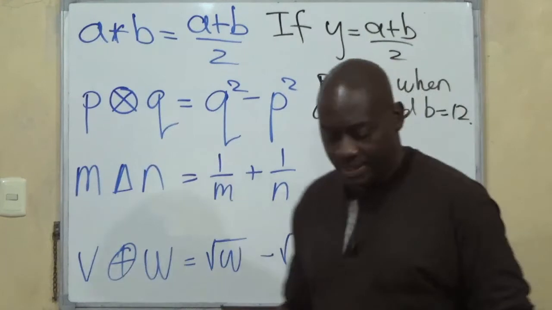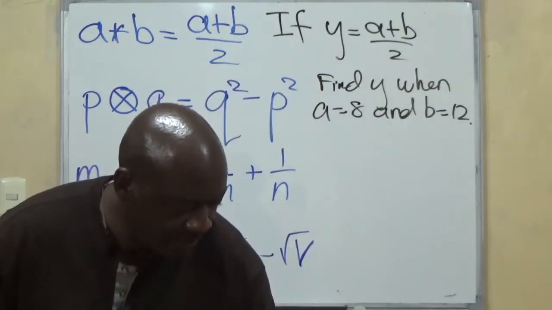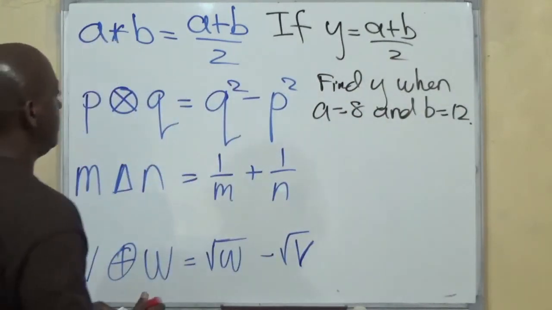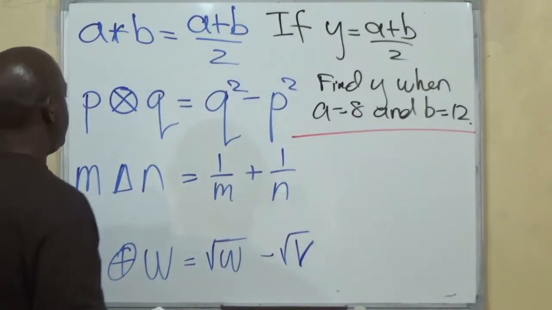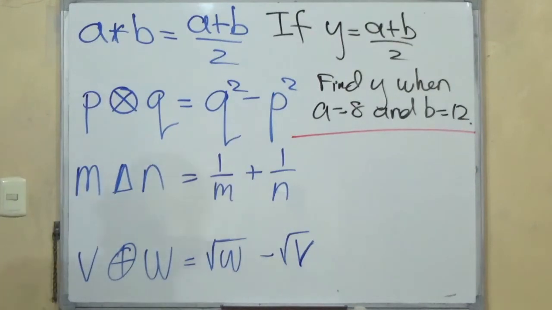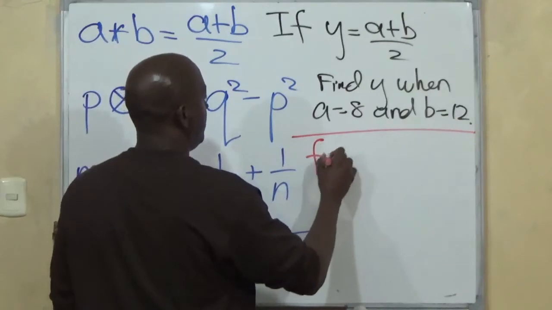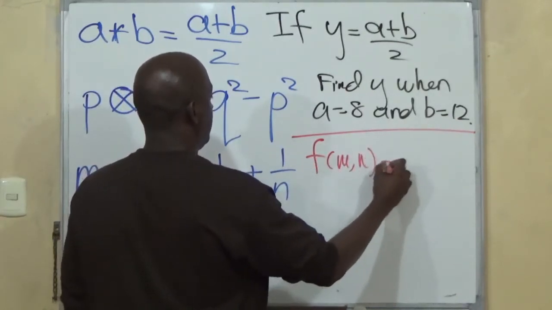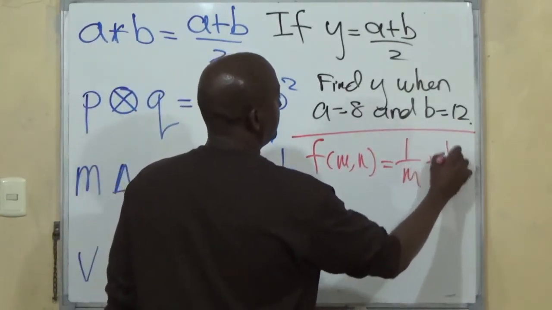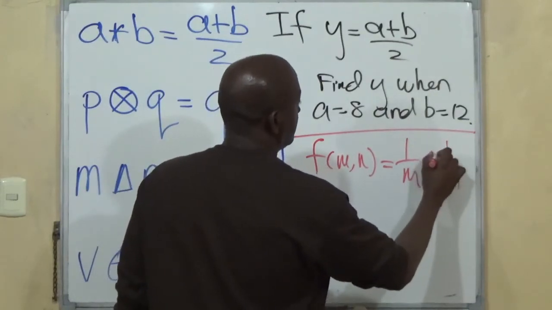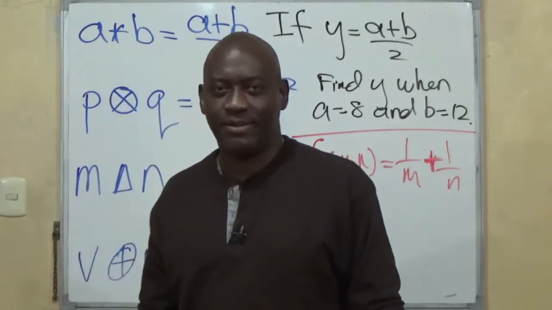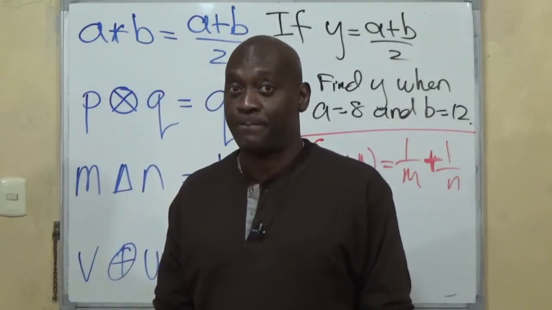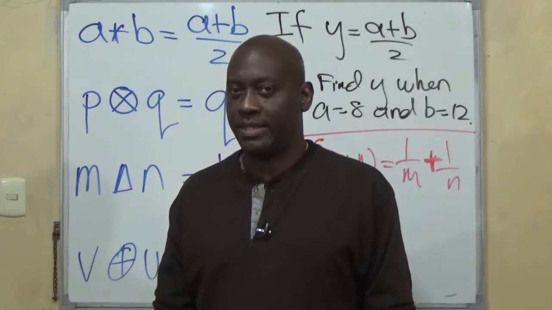Another example. I could say, for the sake of argument, and I'm doing this deliberately now, f of m comma n is equal to 1 over m plus 1 over n, which is not something you would see in a question at the level of Form 5, 15, 16, 17 year old, right?